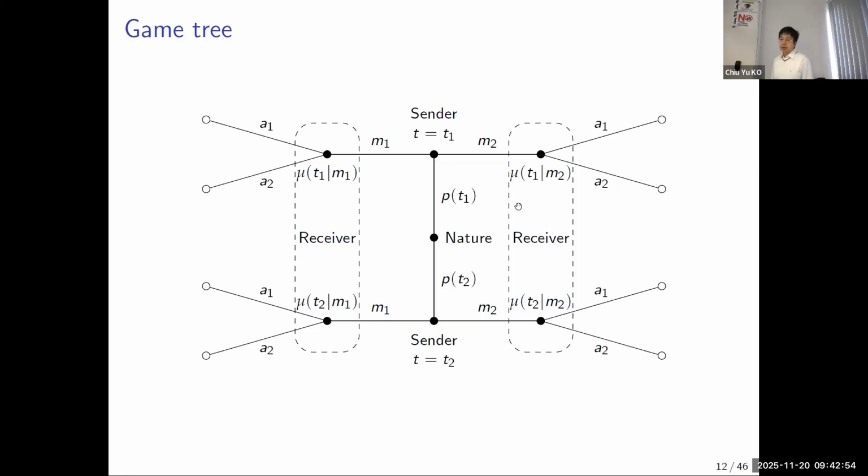This is a game tree. This is the way I draw it, and also the book draws it. But of course, I can draw it from top to bottom. But this is actually more convenient to write, because if you ever try to draw it up and down, then nature will choose type 1 and type 2. And there will be message 1, message 2 here. Same for this one.